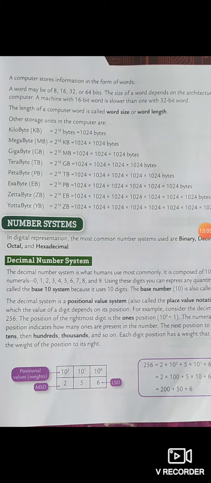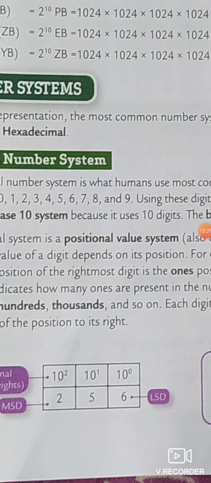Here, in this number 256, the ones position represents 6 ones. The next position to the left is tens, meaning 10 to the power 1.